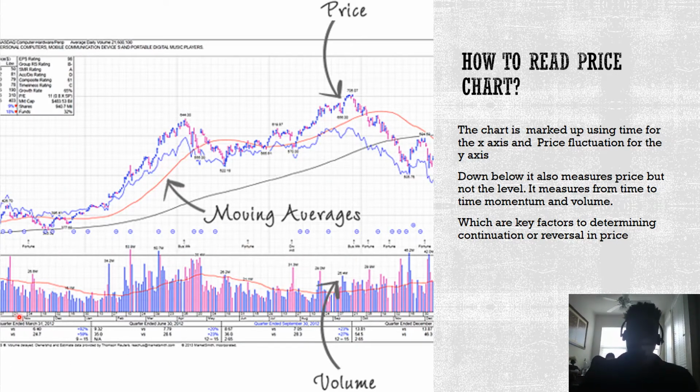But this is actually describing the volume and momentum of the market. So therefore, it's very important, if not just as important, because you know it's funny? A lot of people are correct about the market. I have an opinion that most of the time, most traders are correct.